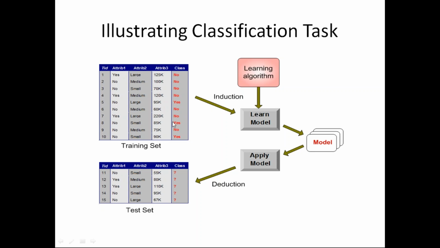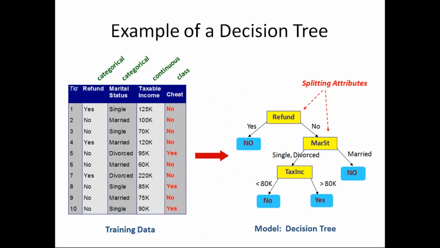Now through this data you will be learning a model, and on that model you can do testing. How come testing? You give the three attributes and it will tell you which class it is, whether it is yes or no. This is a very generic example. I will tell you a specific example like this.